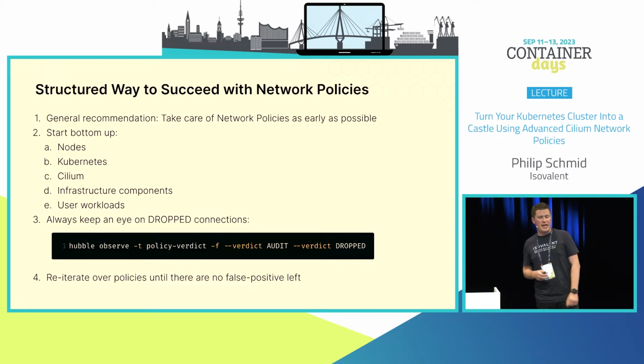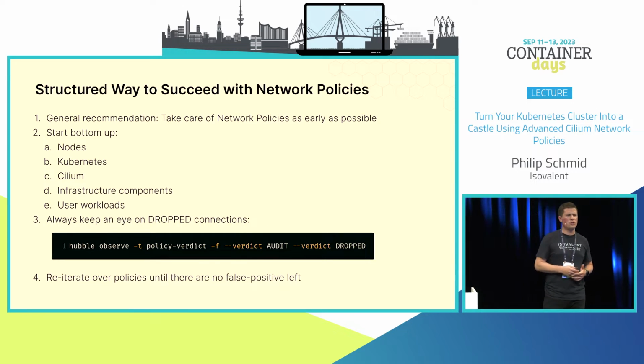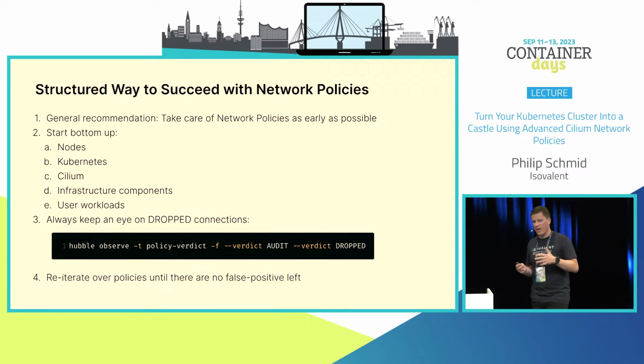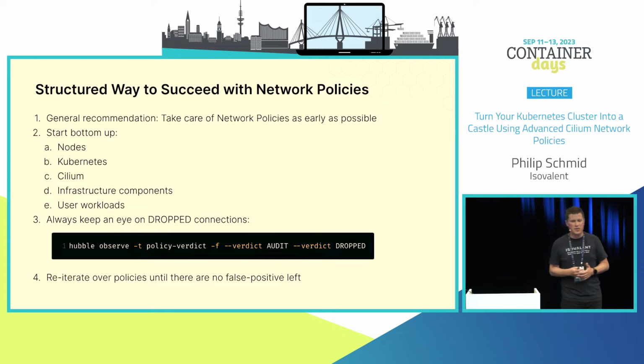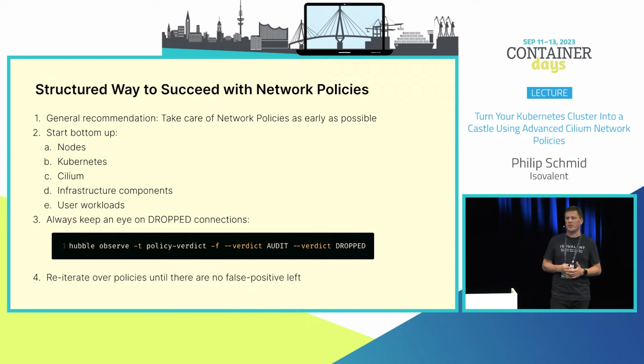Next, I would have a look at infrastructure components, the more or less relevant ones, like monitoring, logging, and so on. And finally, I would advise you to have a look at the network policies for your specific user workloads to complete this whole stack of different network policies.